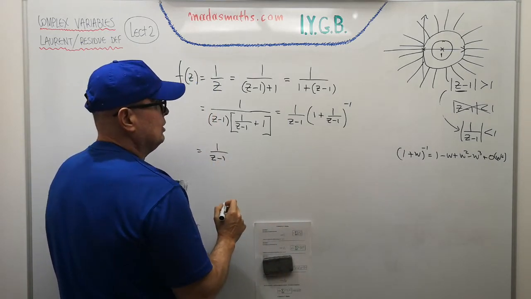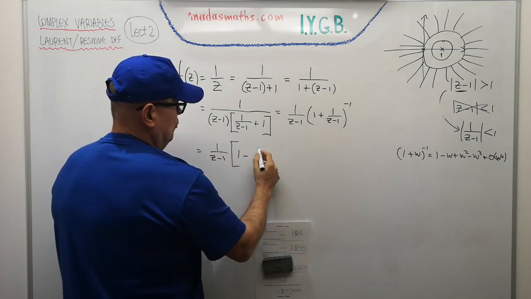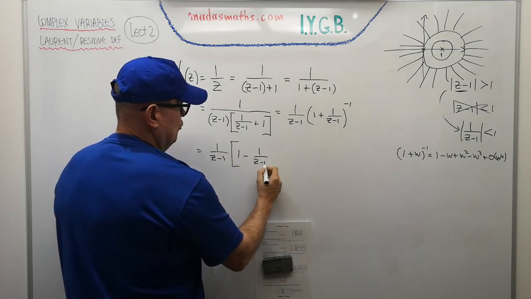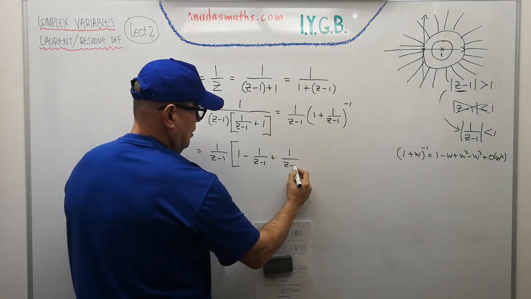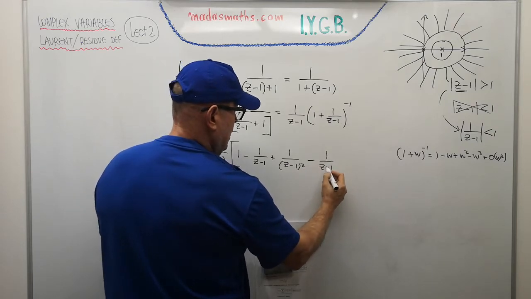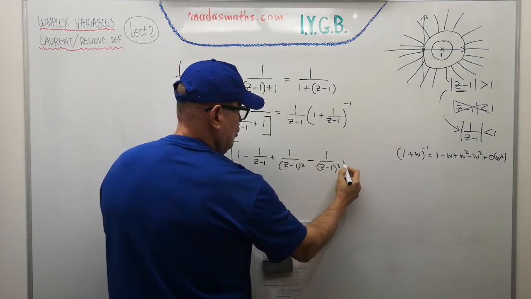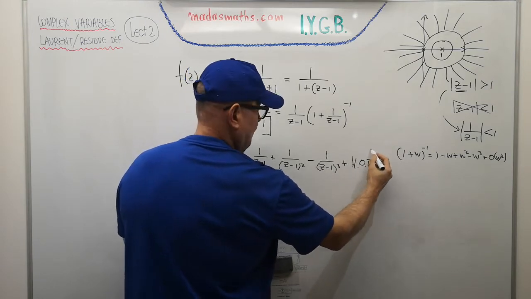That's the item which is pulled outside, bracket, and I have 1 minus 1 over z minus 1, that's my w essentially, plus squaring it now, alternate the sign, 1 over z minus 1 all cubed plus higher order terms.